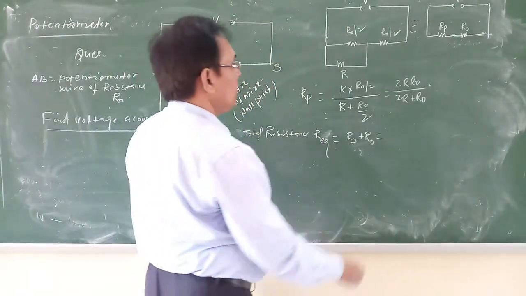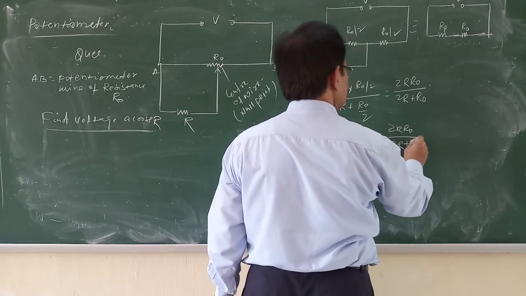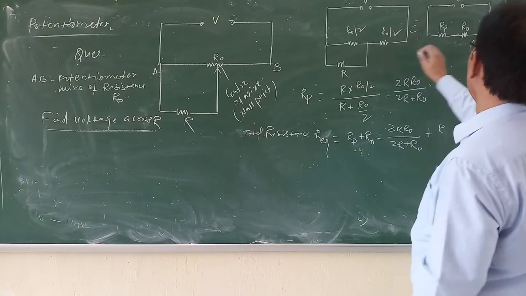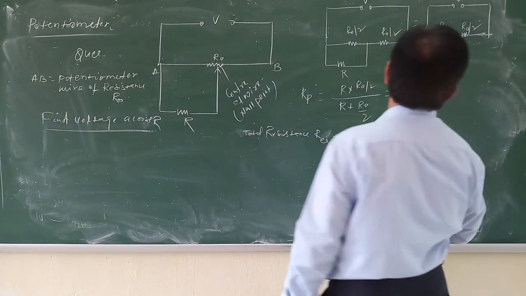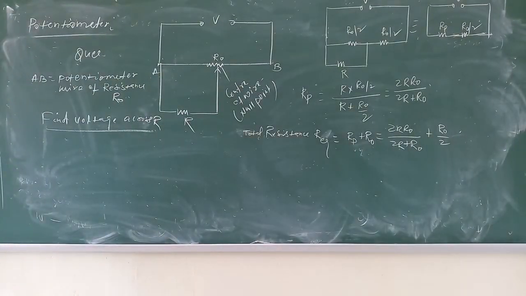So that value will be 2RR0 by 2R plus R0 plus R0 by 2. So this is the total equivalent resistance.